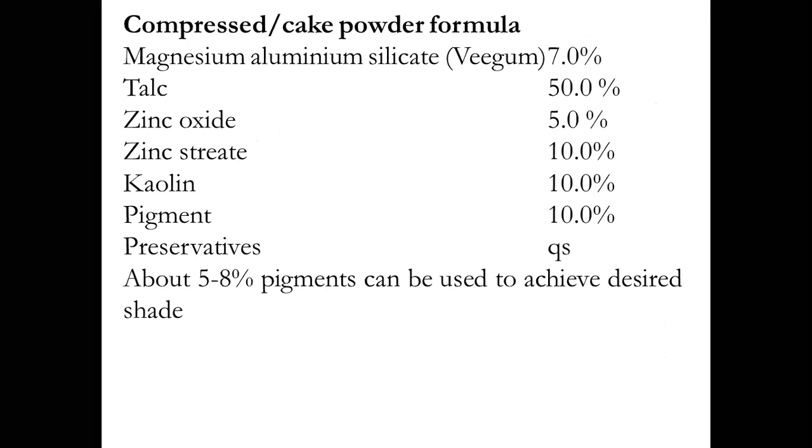For the compressed or cake powder formula: magnesium aluminum silicate, that is Veegum, talc, zinc oxide, zinc stearate, kaolin. These are diluents with appropriate functionality they may possess, like facilitating adhesion, facilitating the spreading of the formulation, or absorbent properties like kaolin.